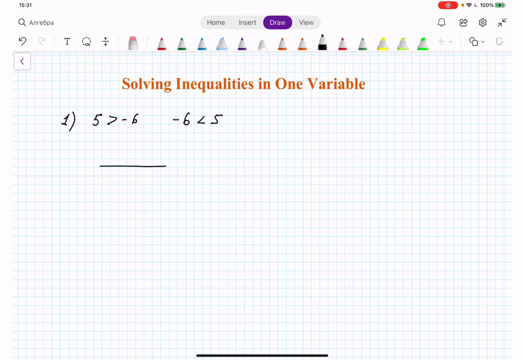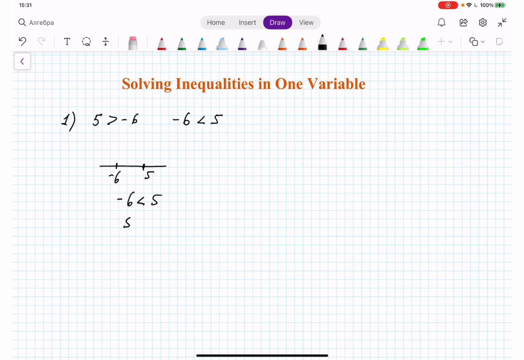If you have two numbers, let's say this is 5 and this is negative 6, the number that is standing to the left is always going to be less than the number on the right. So negative 6 is less than 5. Accordingly, the number that stands on the right is always going to be greater than the number on the left.